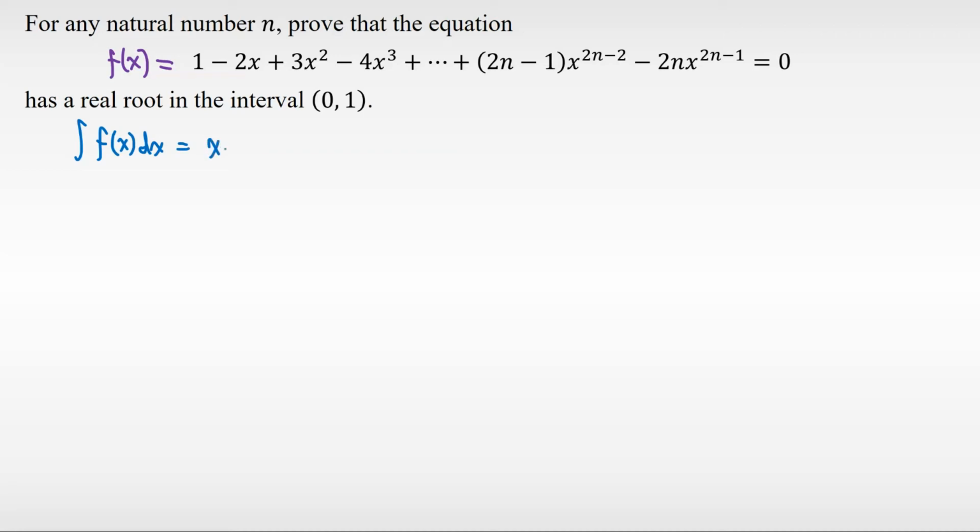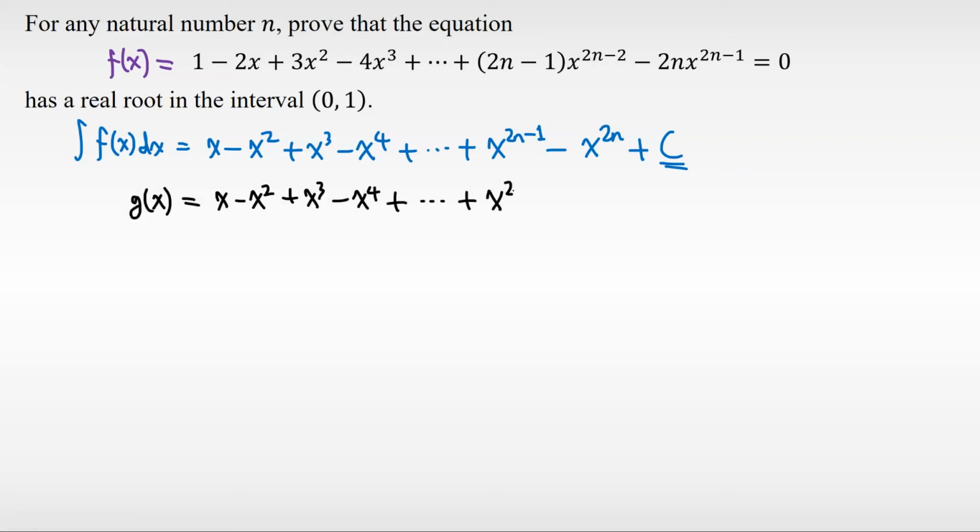So we have x minus, and the next term becomes x squared, and then we have x cubed and x to the 4, all the way up to x to the power of 2n minus 1 minus x to the power of 2n. And of course plus c. Here the value of constant c really doesn't matter, so let's just take the simplest one and define g(x) as the above function with c equals 0.